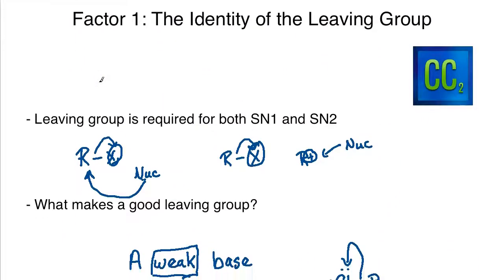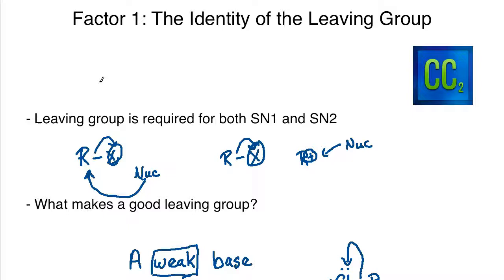And again, the first factor is the identity of the leaving group. Very important when you are picking out and identifying leaving groups. And it also, just a tip here, many instructors will say, how could you improve the rate of this reaction without changing any of the solvents or reagents involved? And the answer is create a better leaving group. All right.